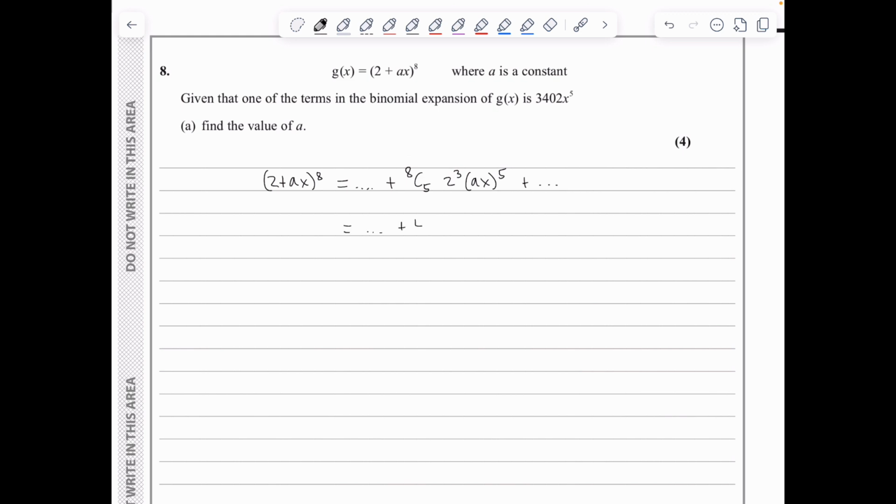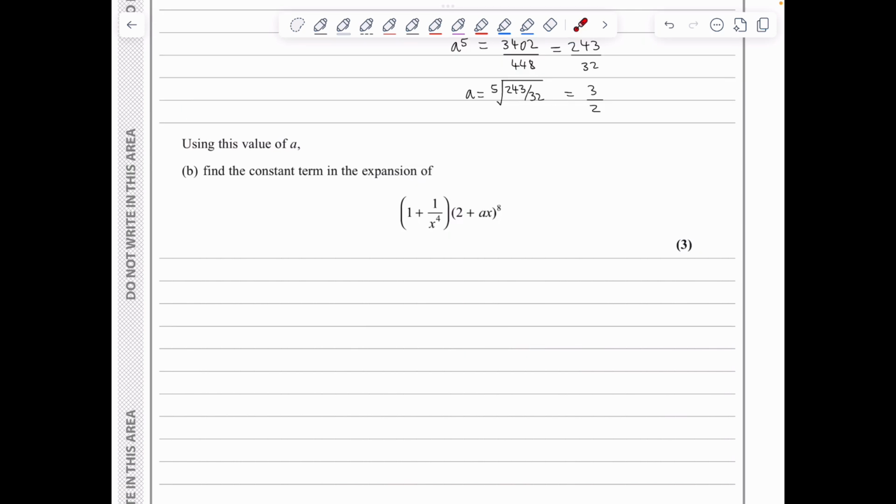So we've got 448a to the power of 5, x to the power of 5 plus ... and therefore 448a to the power of 5 is equal to 3,402, which means that a to the power of 5 is 3,402 over 448, which simplifies to 243 over 32, and therefore a is going to be the fifth root of 243 over 32, which gives an answer of 3 over 2.